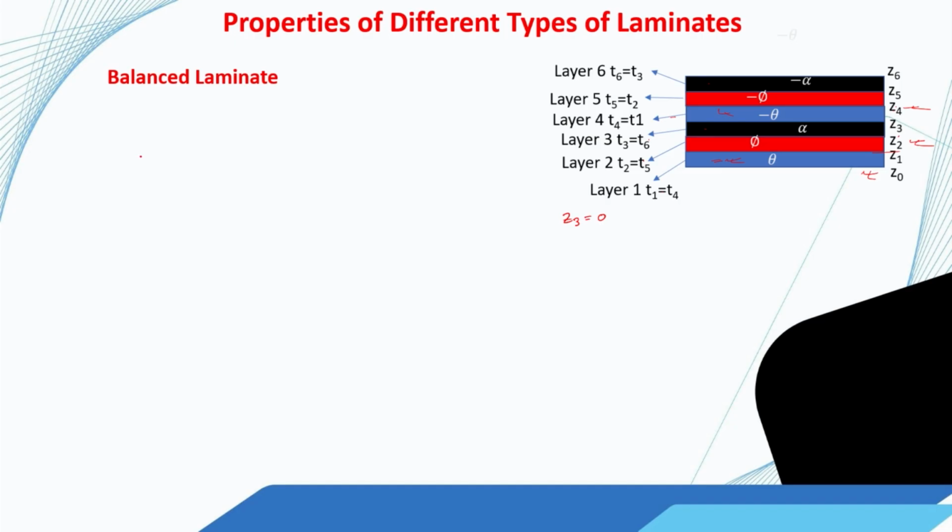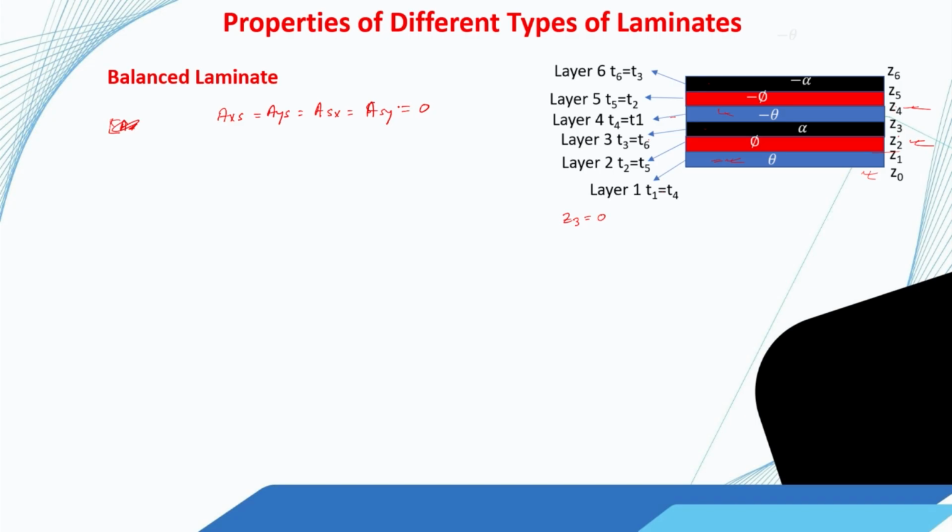Now, in this kind of laminates, AXS and AYS are 0. Since this is symmetric, this is equal to ASX and ASY also. So, that quantity is 0.